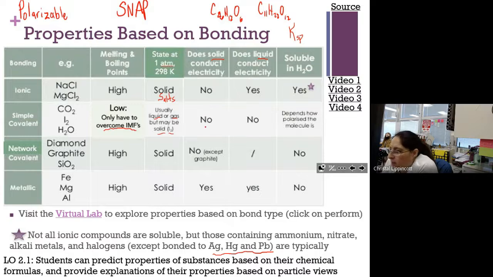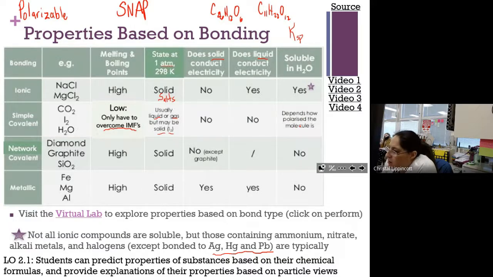A solid does not conduct electricity. The liquid doesn't either. Pure water, actual pure water does not conduct electricity. And you're like, but they always tell us not to mix water and electricity. That's because you're not usually working with pure water. And is it soluble in water?